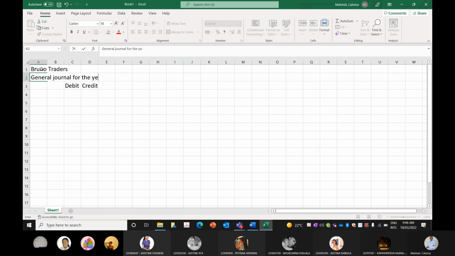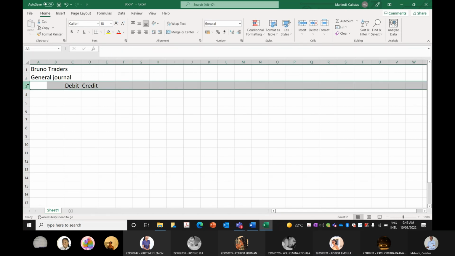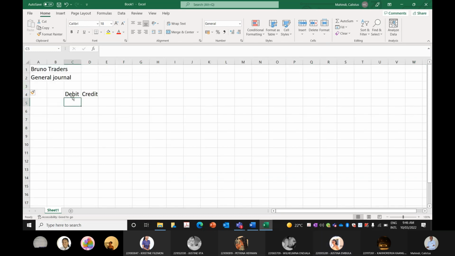The year ended 31. Okay, we have 2 years, so I'll just leave it like that and call it general journal. Then we have our debit and our credit. This is in Namibian dollars. So the first one is 1st of January 20.3.